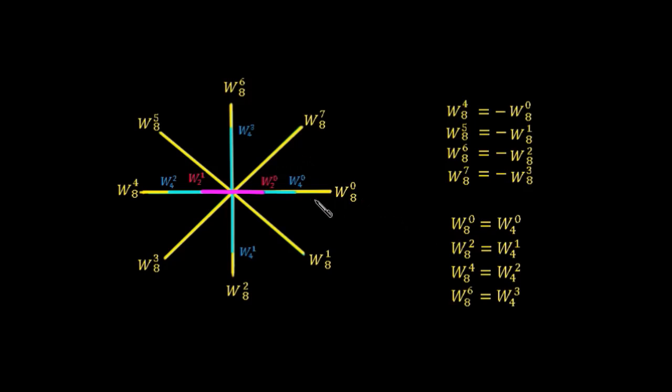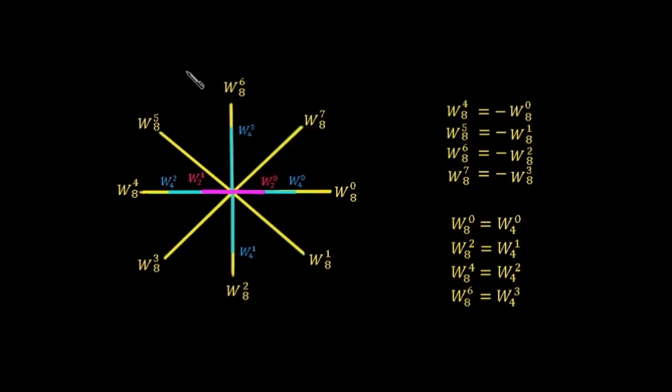We could also say that our W8^0 would be the same as W4^0, would be the same as W2^0, and also our W8^2 would be the same as W4^1, and our W8^4 would be the same as W4^2 and W2^1, and our W8^6 would be the same as W4^3. So it's easy enough to pick out from this diagram the equalities with our phasors.